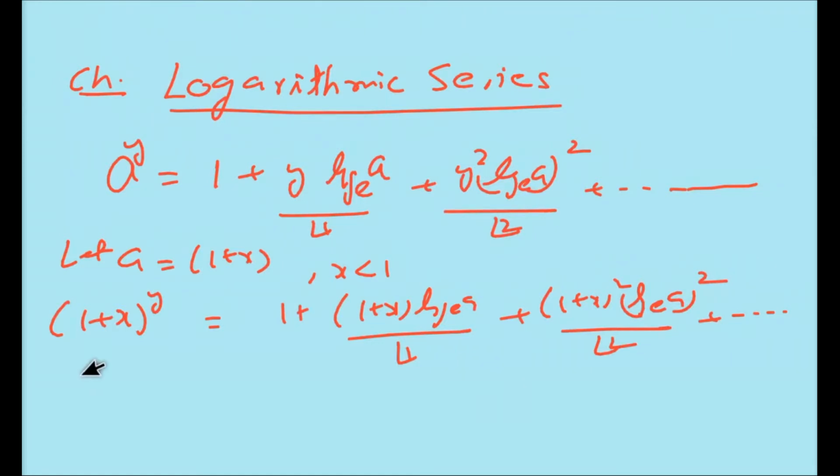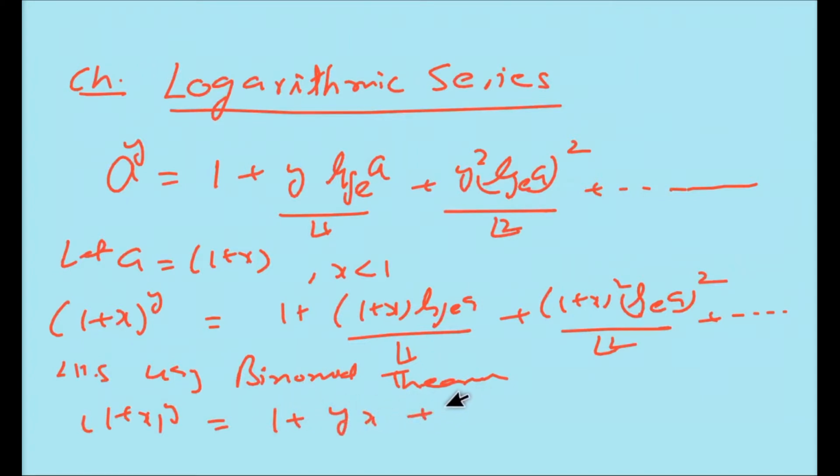Now student, these are two parts. In the LHS, using the binomial theorem, as already explained in the binomial theorem chapter, if x is less than 1, we can write this as 1 plus n x plus n(n minus 1) upon factorial 2 x square plus and so on, where n is y.